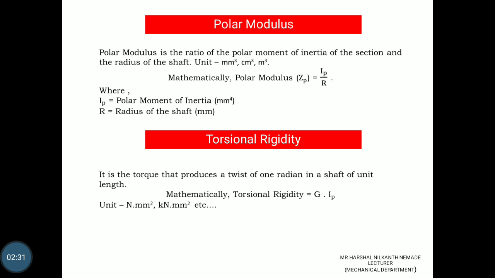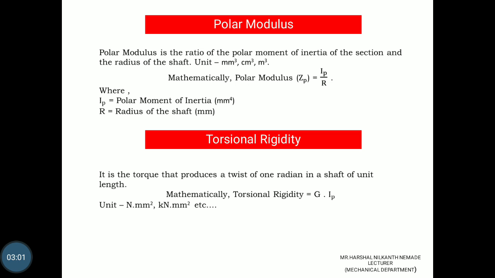Polar modulus. Polar modulus is the ratio of the polar moment of inertia of a section and the radius of the shaft. Unit is mm cube, centimeter cube, meter cube. Mathematically, polar modulus is given by Zp is equal to Ip upon R, where Ip is polar moment of inertia in mm raised to 4 and R is the radius of the shaft in mm.